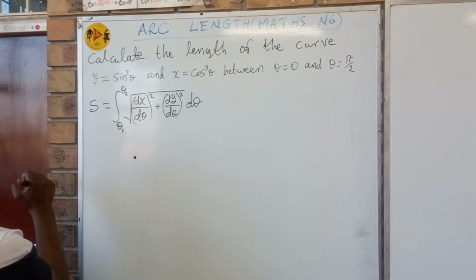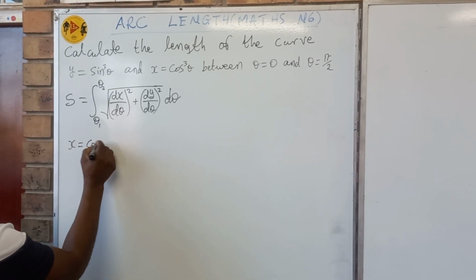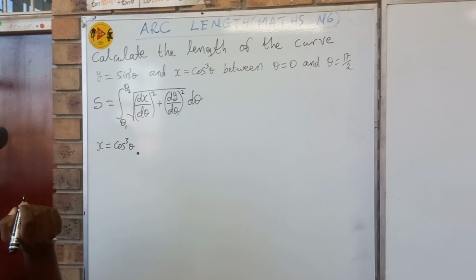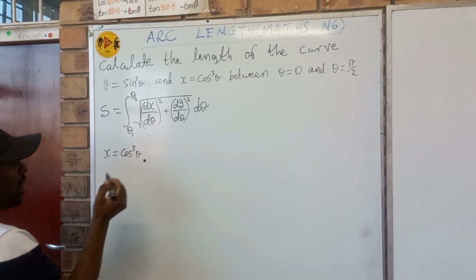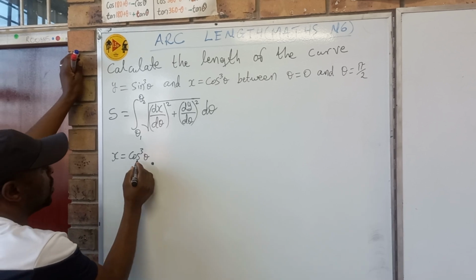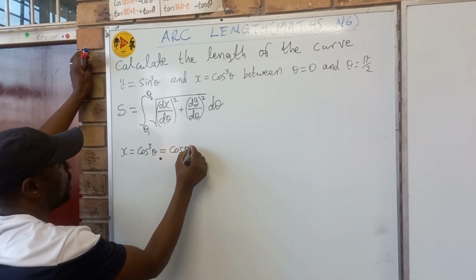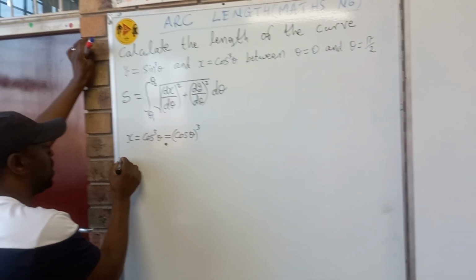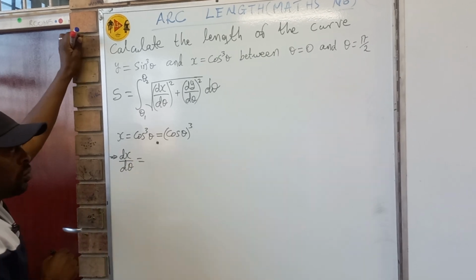So let's start with x. X is given as cos cubed theta. Here, if you are not really familiar with the meaning of this, you might get in trouble. When they have cos cubed theta, what it actually means is that it's cos theta, all cubed, which should help you see that when you are doing the derivative, you must use the chain rule.